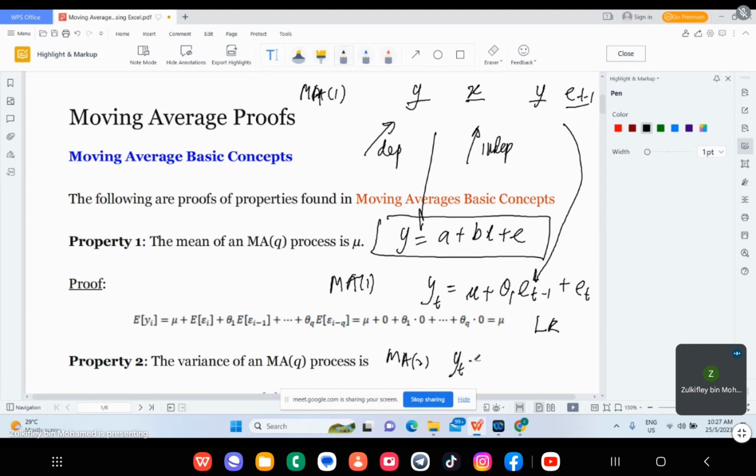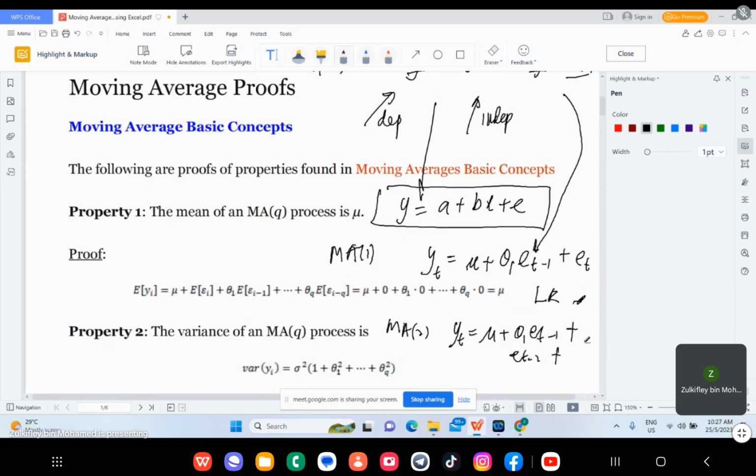So YT is equal to mu plus theta 1 epsilon T minus 1 plus theta 2 epsilon T minus 2 plus epsilon T. This becomes multiple regression.